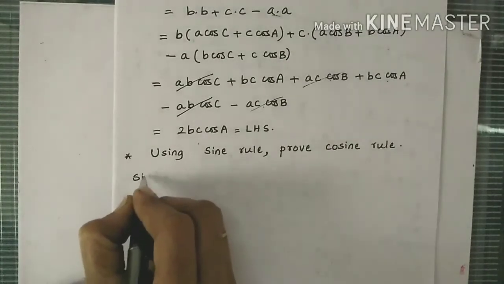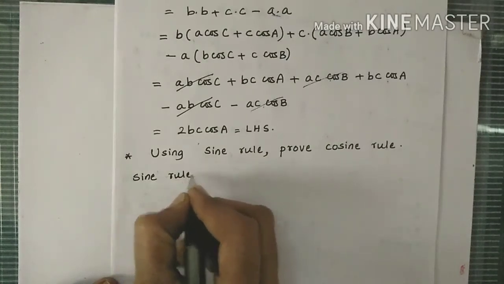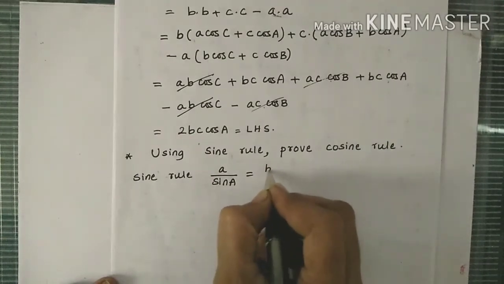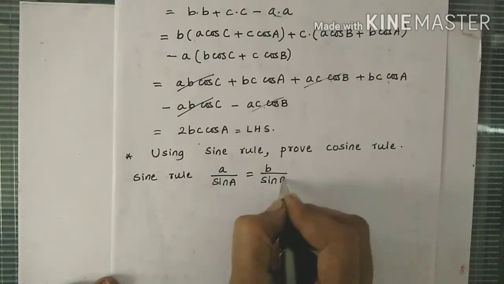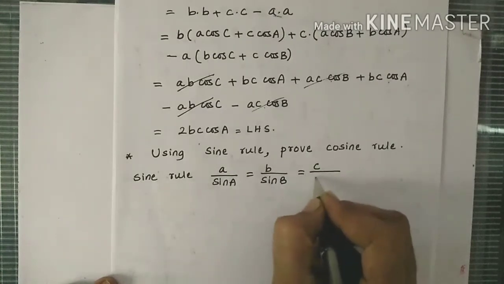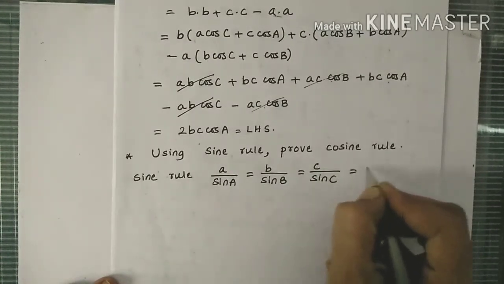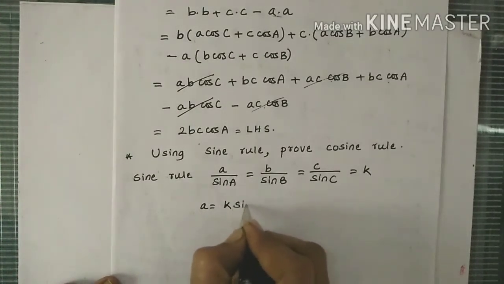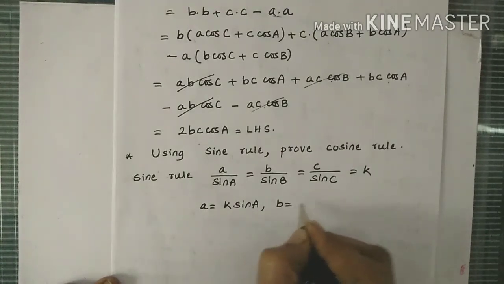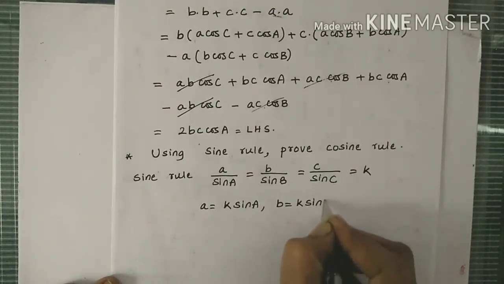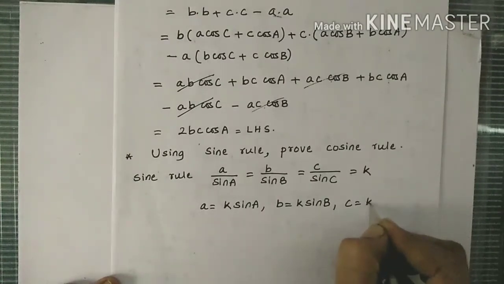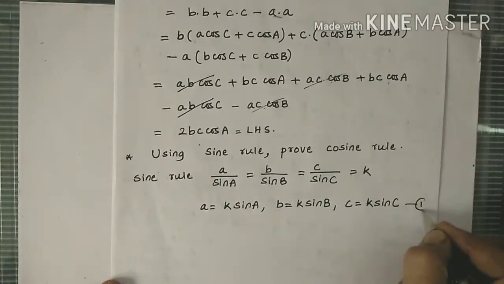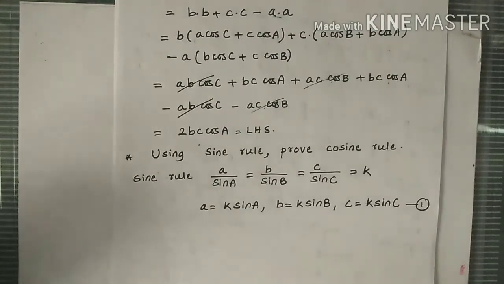Sine rule is A upon sine A equal to B upon sine B equal to C upon sine C equal to K. So we can write this A as K sine A, B equal to K sine of B, and C equal to K sine C. So let this be equation number 1. In the proof, we will use these equations.